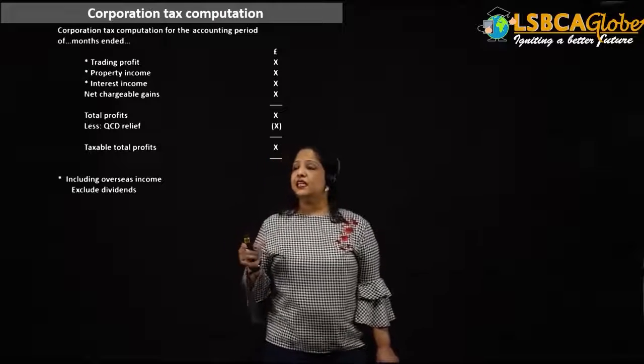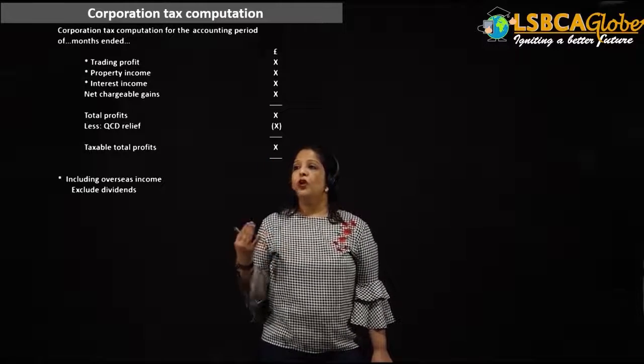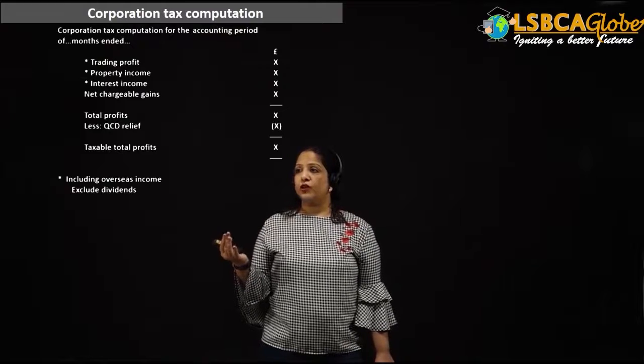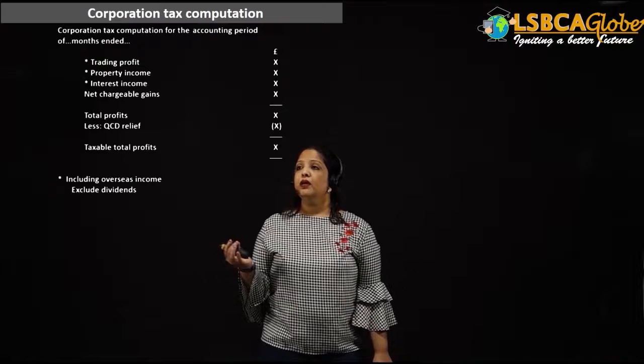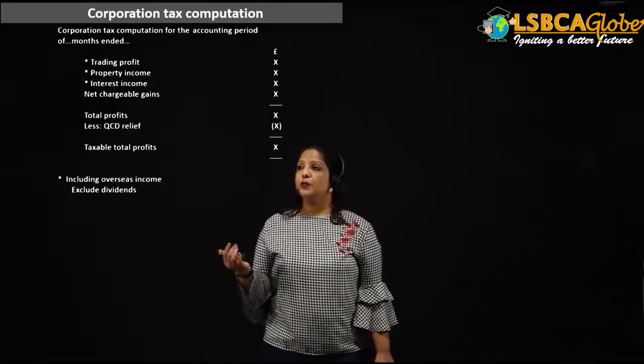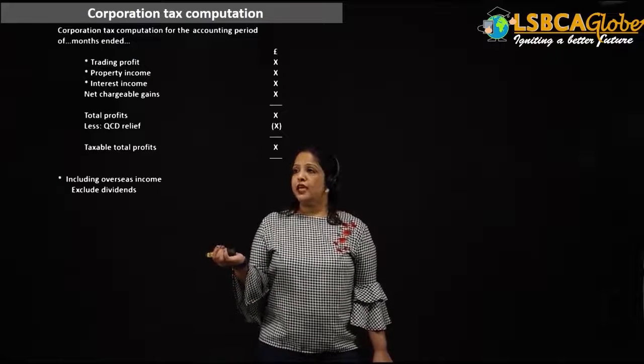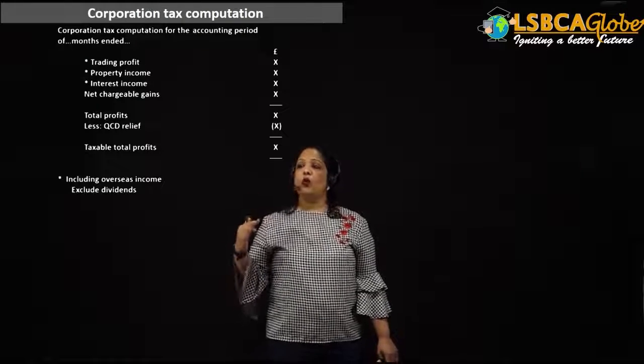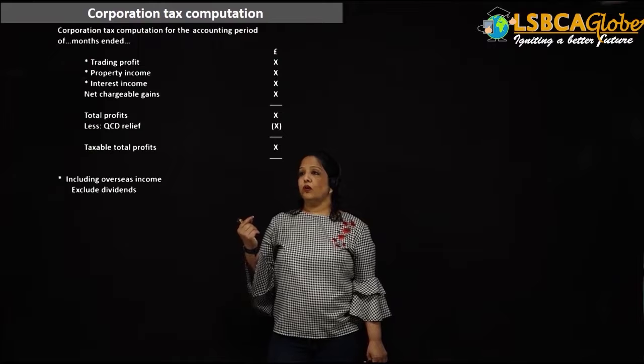We discussed it in the earlier class, what type of incomes there are in the case of a company. It's trading income, interest income, property income, chargeable gains, miscellaneous income. When we add it all, we get the total profits.